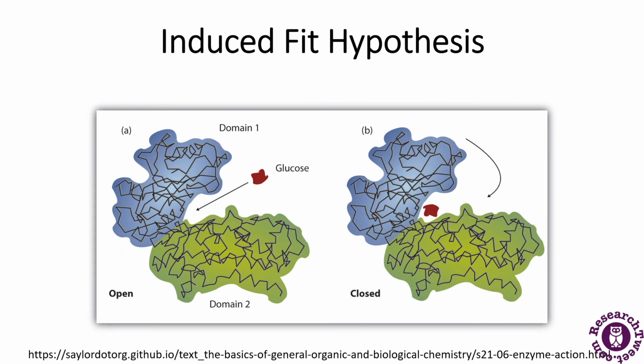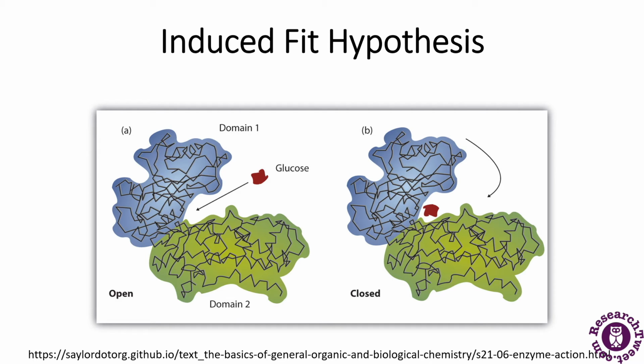The next model which we will be discussing is the induced fit hypothesis. Koshland proposed this hypothesis in the year 1916. This hypothesis is quite different from the previous hypothesis, the lock and key hypothesis.